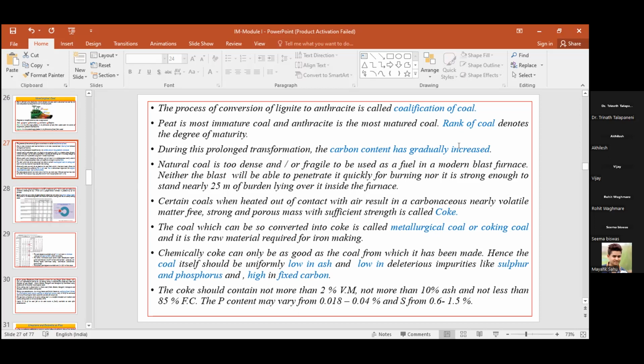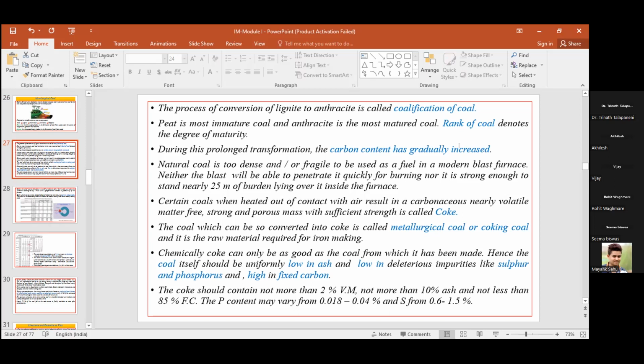So there are different grades of coals available. All coals are not subjected to the coke making process.